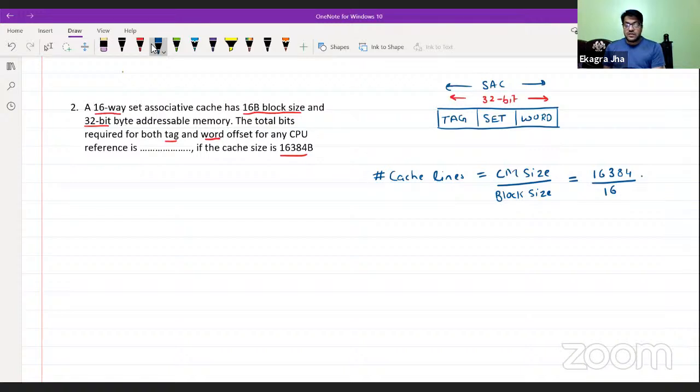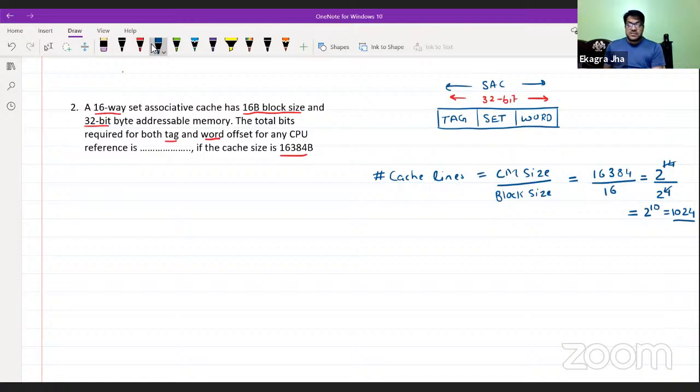Now, to solve this, just convert this into powers of 2. 16384 is basically 2 to the power 14, and 16 is 2 to the power 4, which equals 2 to the power 10, which is 1024. So the number of cache lines we have here is 1k, around 1k.